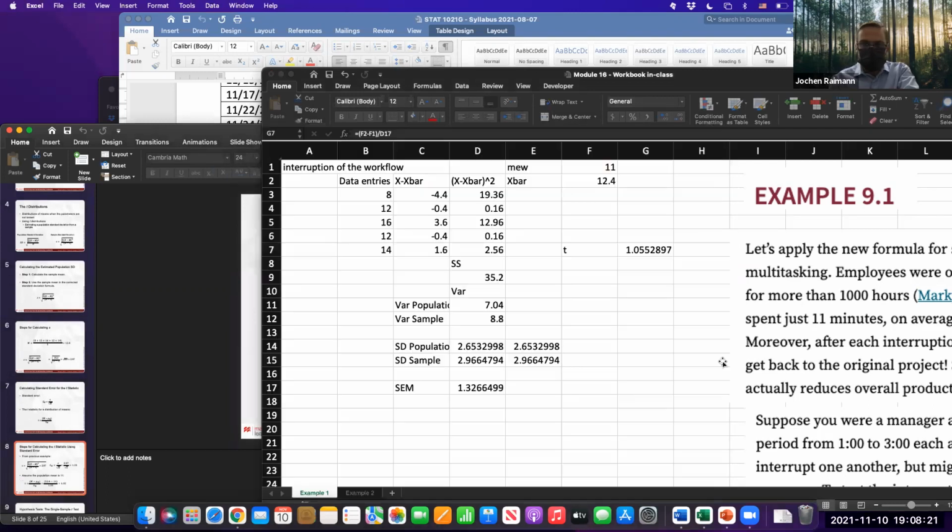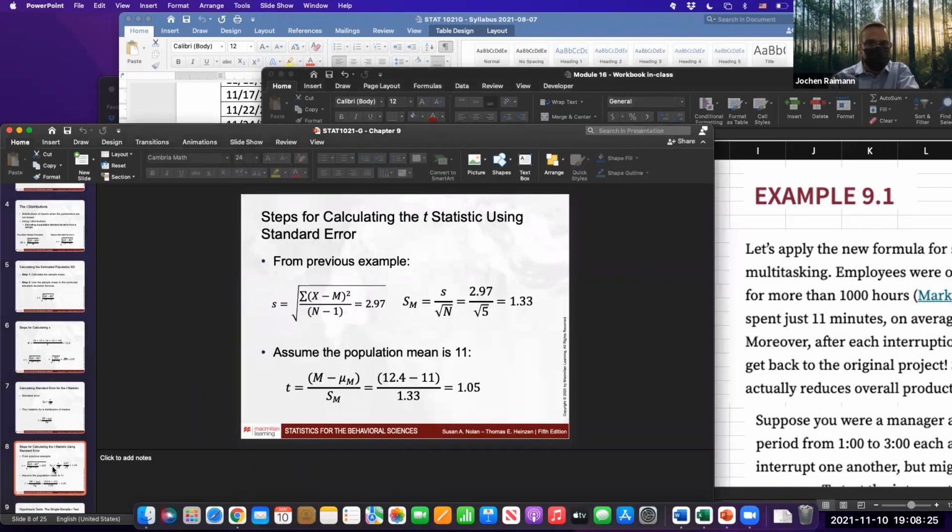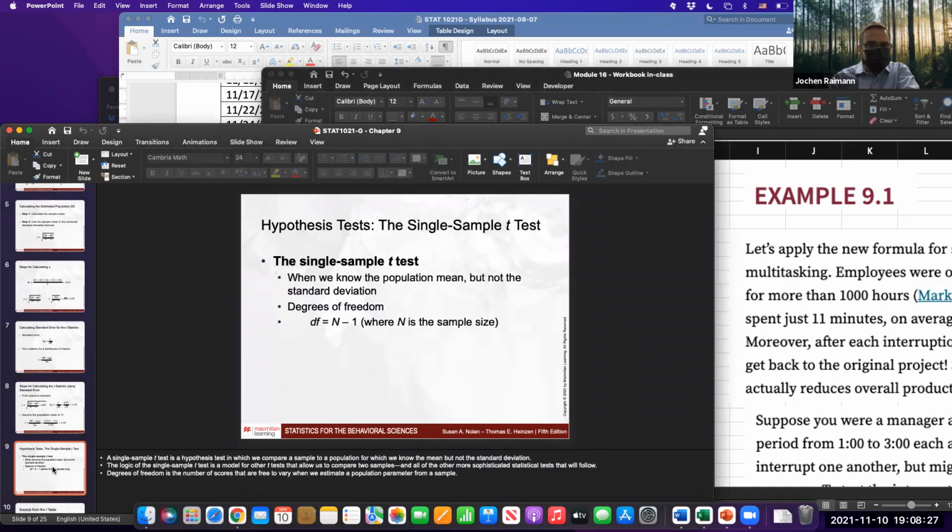He says 1.05. This is not 1.05, but it doesn't matter. All right, we ignore this. So 1.05, is that significant or not?